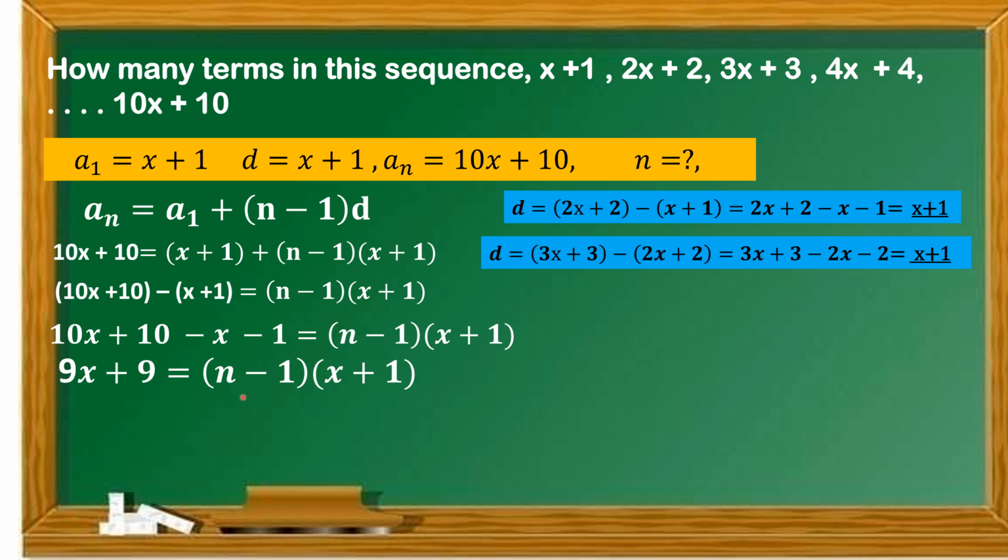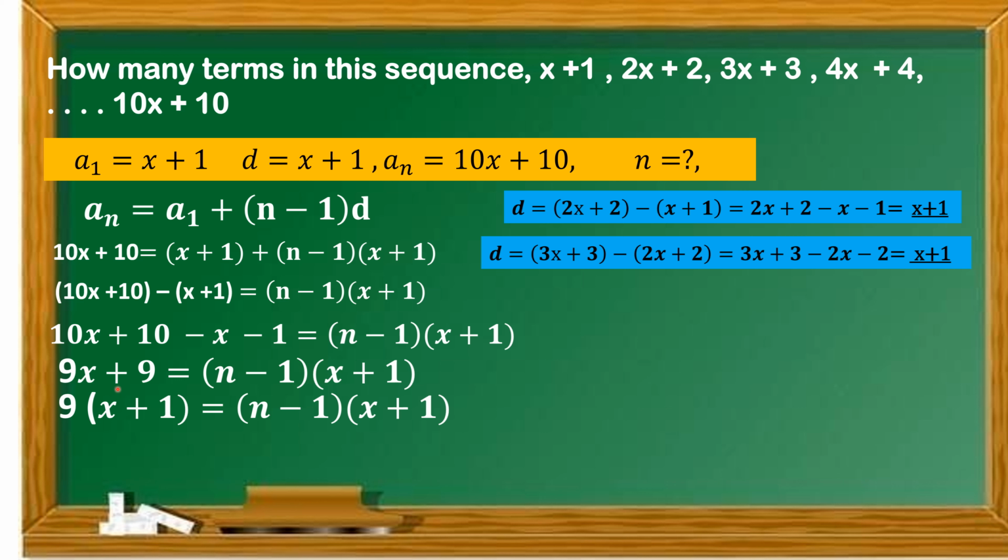Again, we have to rewrite the n minus 1 times the x plus 1, so we will be getting the value of our n. So far, we will leave the n minus 1 term on the right, and the x plus 1 should be isolated. The way we can isolate the x plus 1 is by factoring first on the left side.